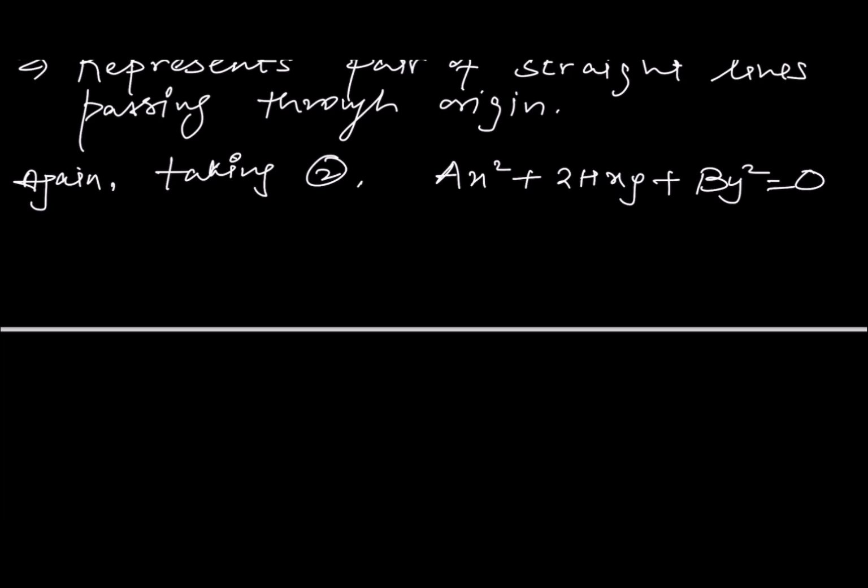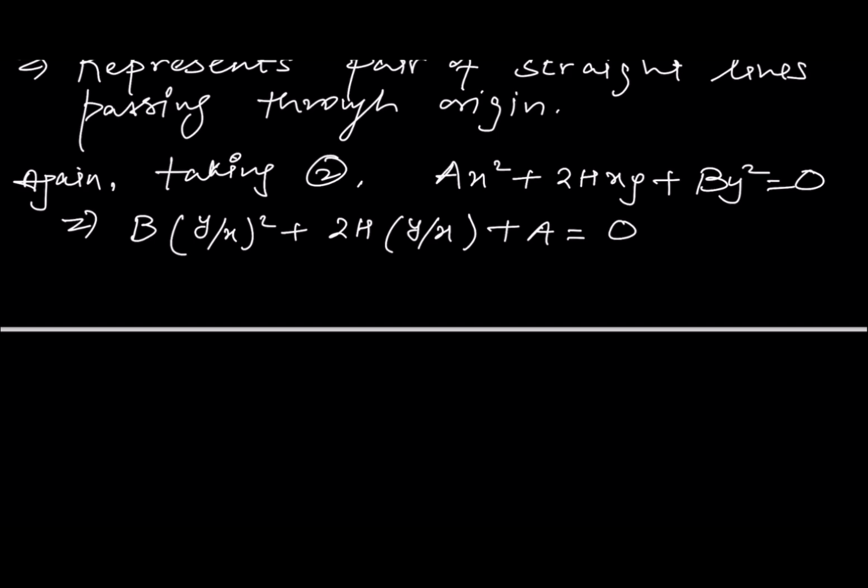If I divide both sides by x square, then it will be b times (y by x) whole square plus 2h times y by x plus a is equal to 0, right? Let y by x is equal to m, and what is m? m is slope.